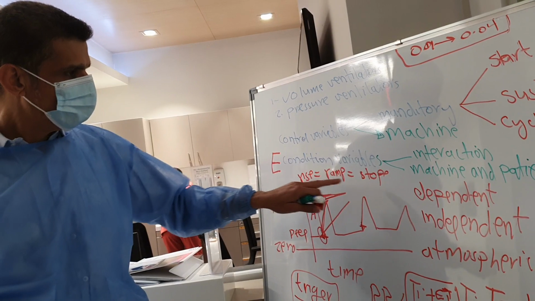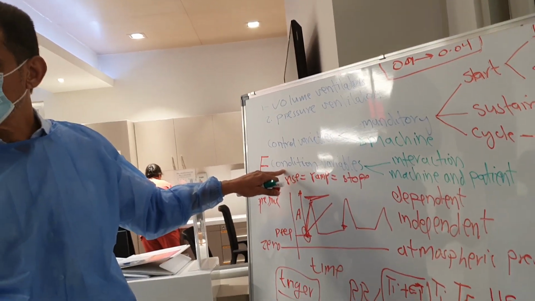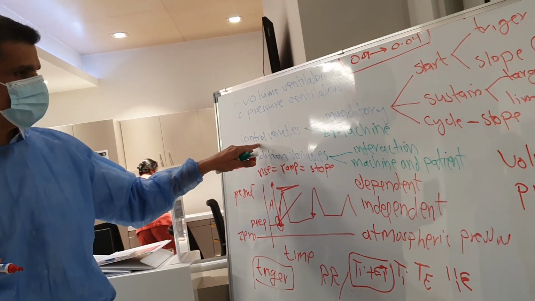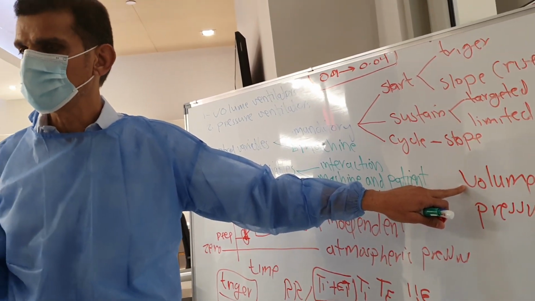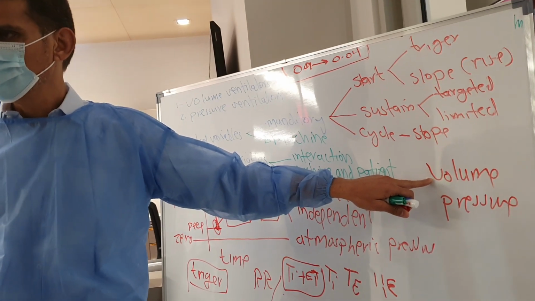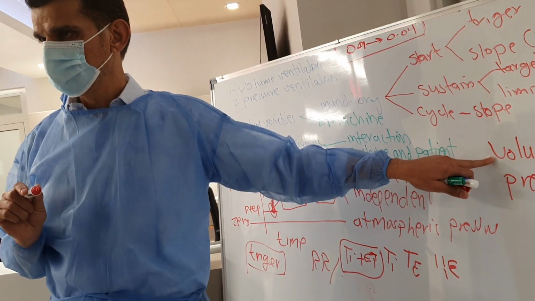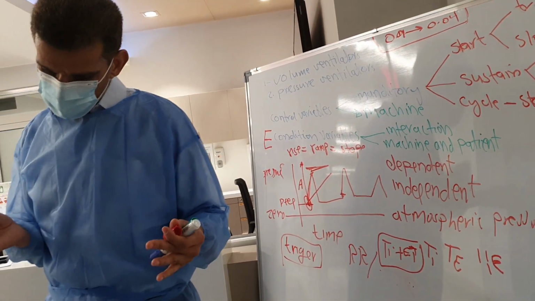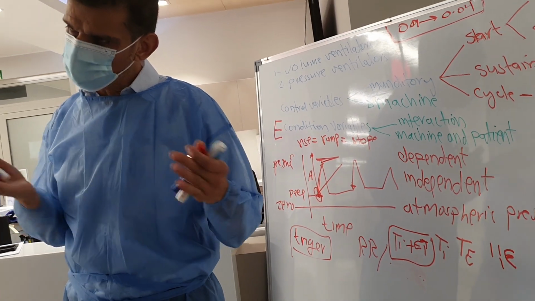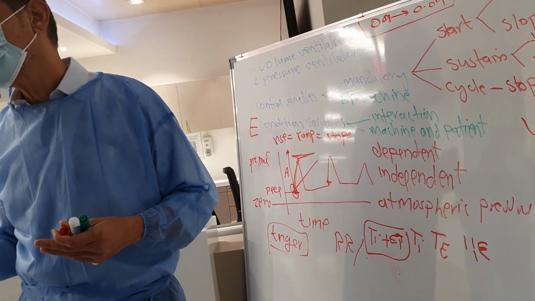Okay? So it will be conditional. One of them will be conditional, one of them will be control. So if I control the volume, I tell the machine, when the patient achieves 3 mil, always stop there. 3 mil. Because the volume is an interaction between the machine and the baby, we need a different pressure.